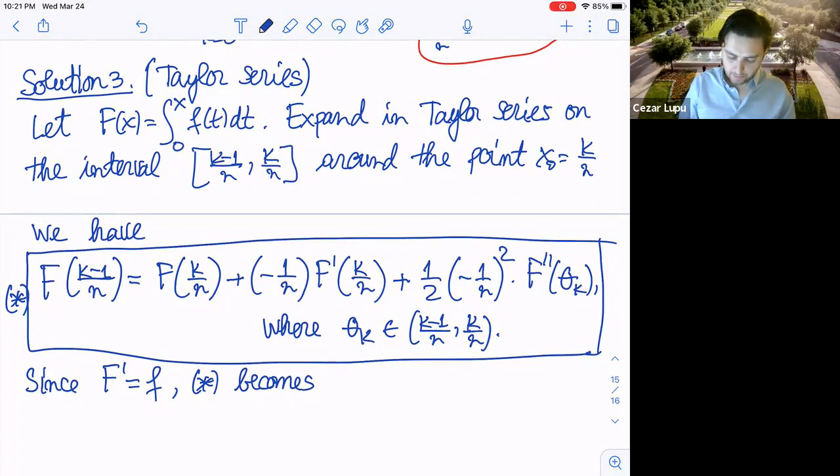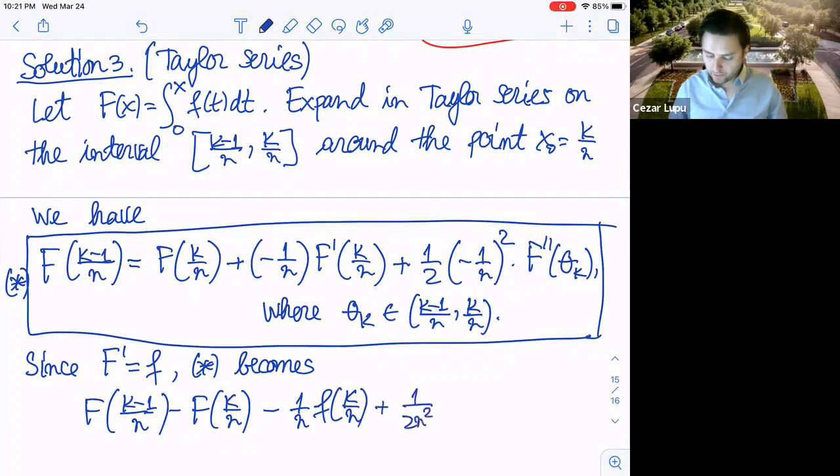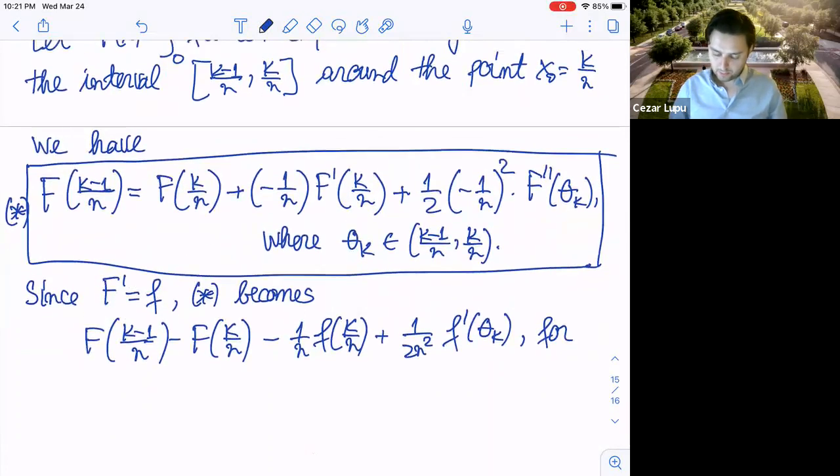Let's rewrite it: f of k minus 1 over n minus f of k over n equals minus 1 over n times f of k over n plus 1 over 2n squared f prime of delta k, for some delta k in the interval k minus 1 over n, k over n. All right, great.